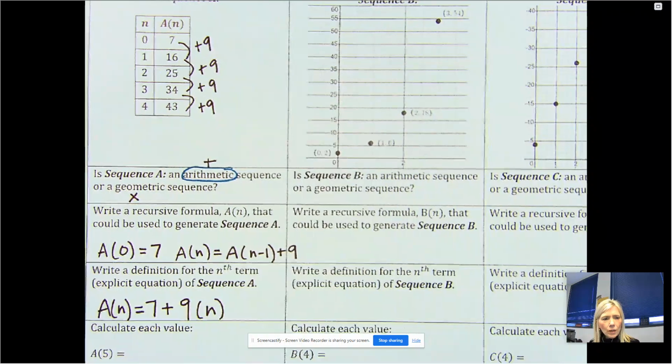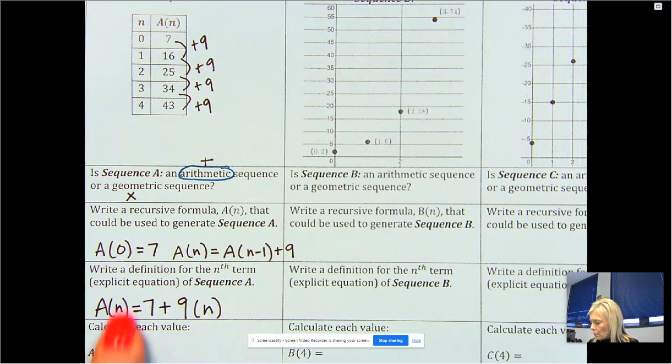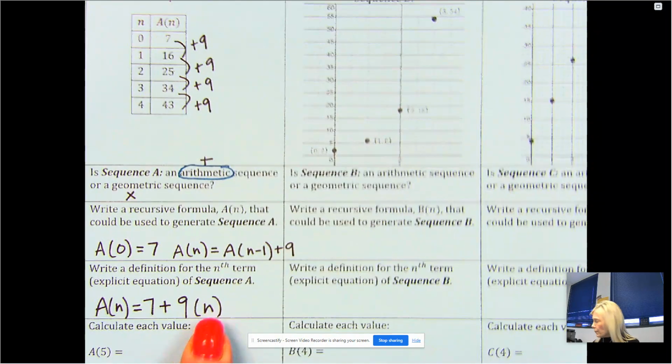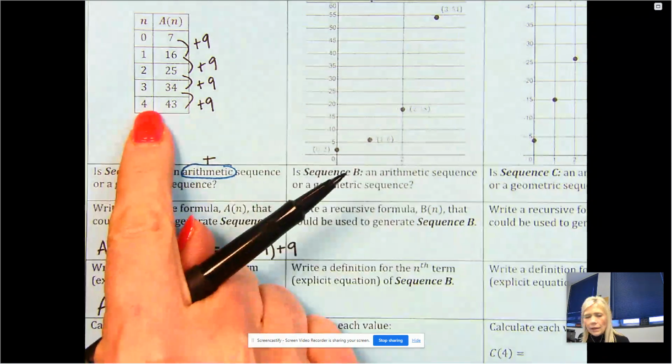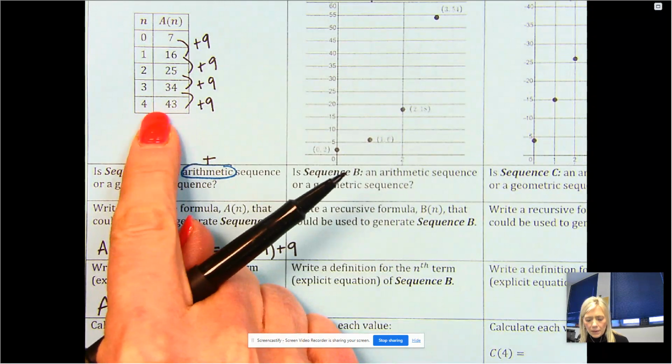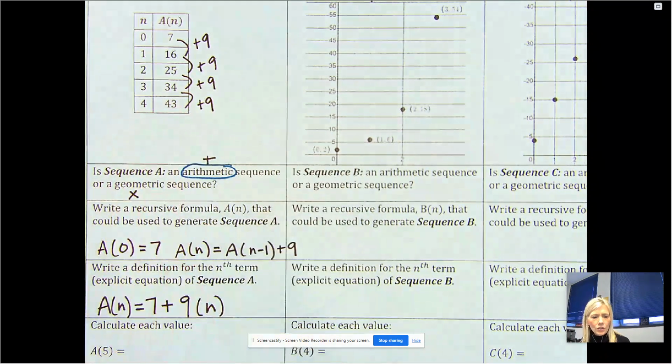What I usually do when I write an explicit rule, because sometimes you have to put an n minus 1 here, is take a combination from the table and check, does my rule make that combination happen?